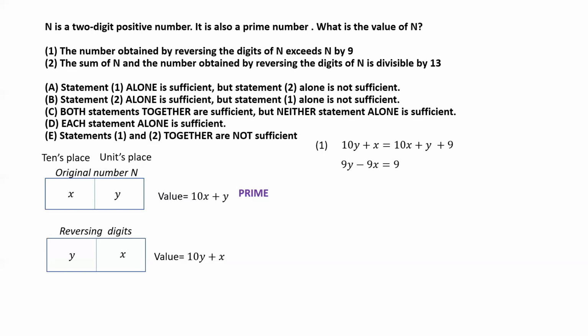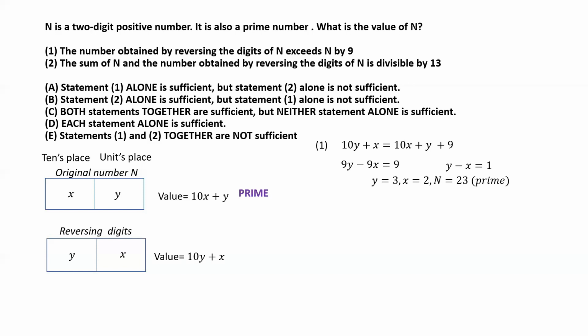And then if we take 9 common and divide both sides by 9, we get y minus x is equal to 1. Now, for y minus x equal to 1, y and x are the two digits, right? We can actually find several combinations. We do some trial and error for which the original number, which was 10x plus y, with x in the tens place and y in the units place, would turn out to be prime.